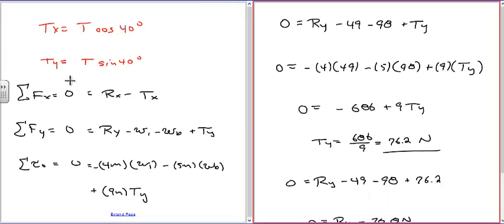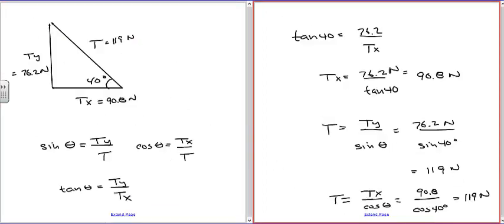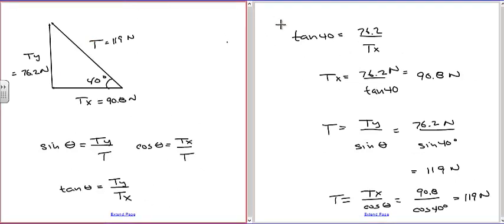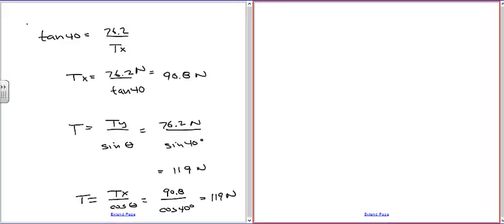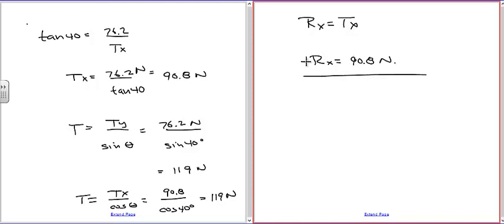And now that we know T sub x, we can solve for R sub x. So let's just put that in here. From the sum of the forces in the x direction, it says T sub x equals R sub x. So R sub x is equal to 90.8 newtons, which is positive, so we guessed the right direction.